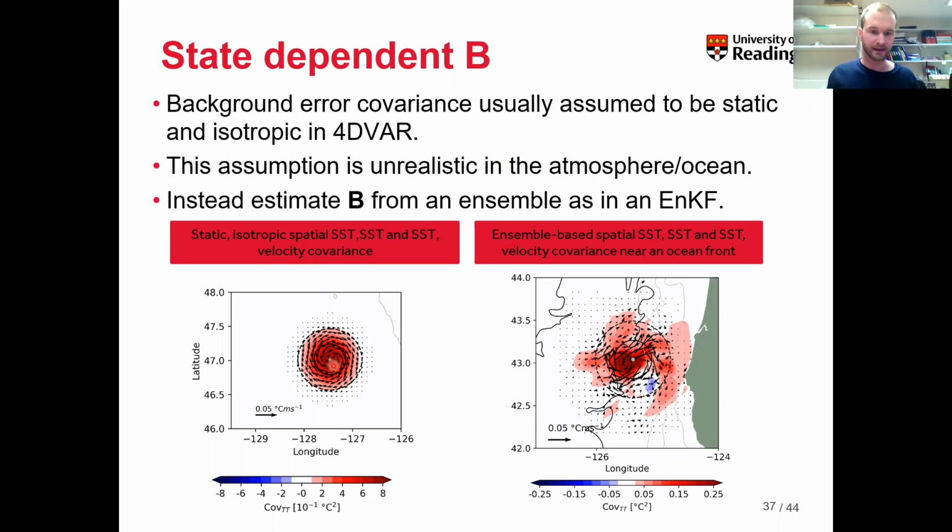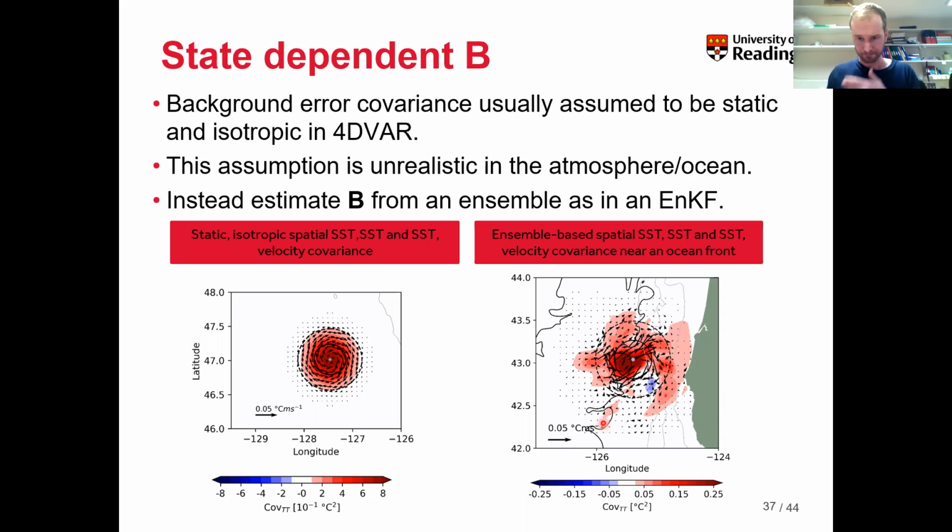What we're looking at here is the covariance between the sea surface temperature at this point and the sea surface temperature field, shown as a color, as well as the covariance between the temperature and the surface velocity field, those are the arrows. This is one of those static covariances, and it works well for the open ocean.